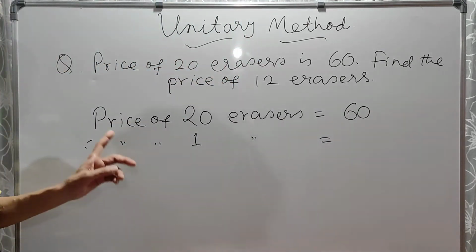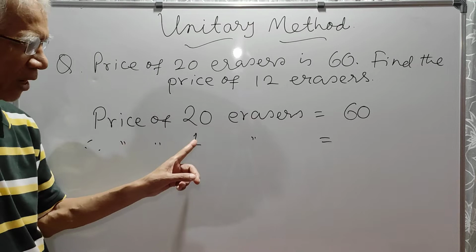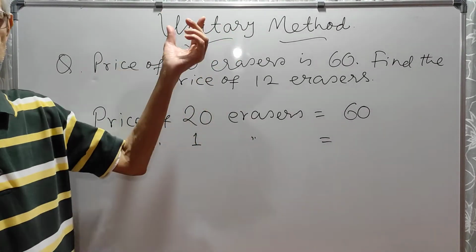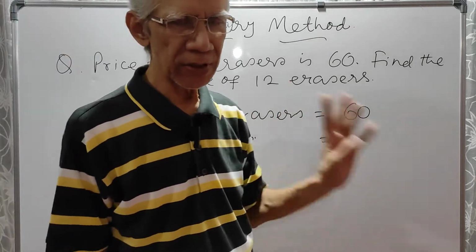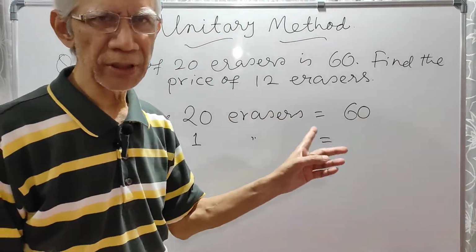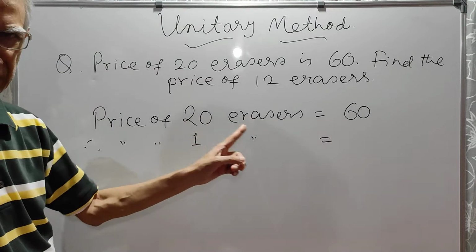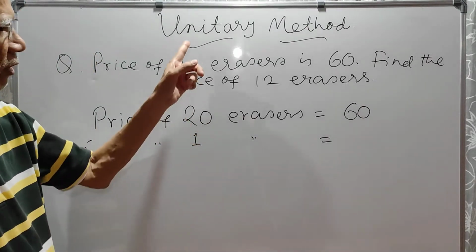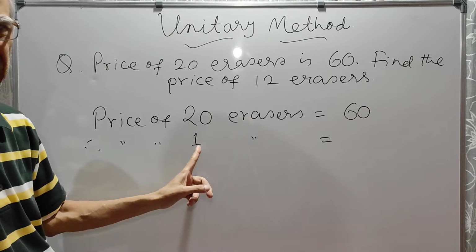Now see, we are going to find the price of 1 eraser. Now 1 means unit. This is why it is called the unitary method. So in this method, we always try to find first the price or whatever of 1 unit: 1 eraser, 1 this, 1 that, like that. Because of this 1, it is called the unitary method, because unit means 1.